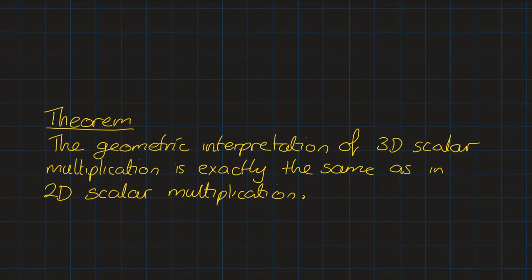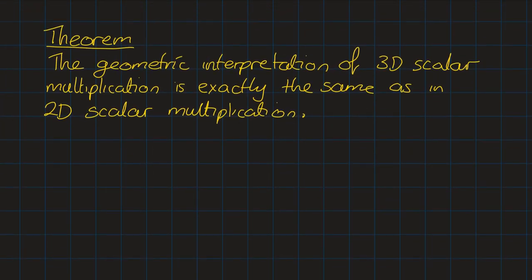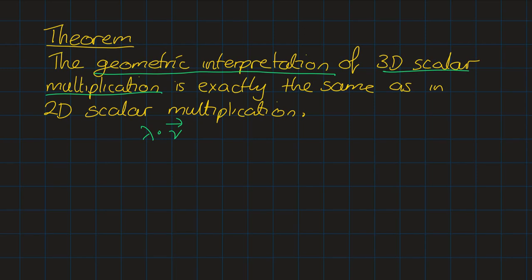One thing I want to say is that the geometric interpretation of 3D scalar multiplication is exactly the same as 2D scalar multiplication. What I mean is you're considering things like lambda times v, and the exact same theorem which held true in 2 dimensions still holds true in 3 dimensions.